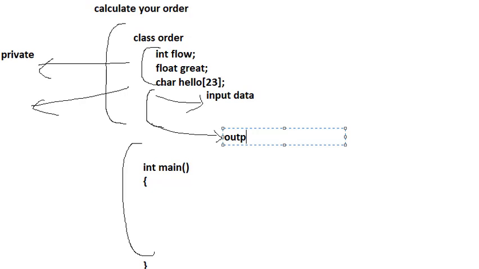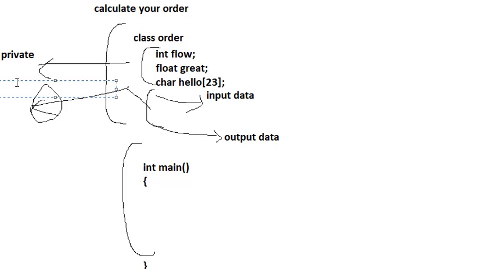Okay, and that's how it is going to work. This is going to be an access specifier which will be called, certainly not private, it will be public. So you type public and create this as the public access specifier. Simple as that.